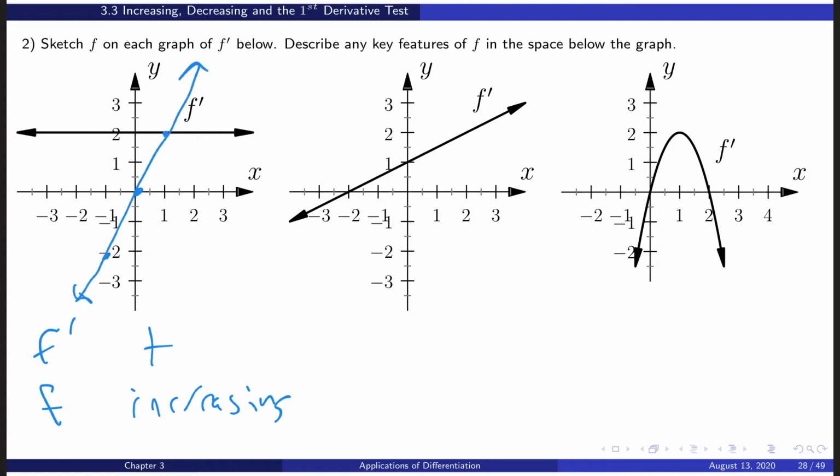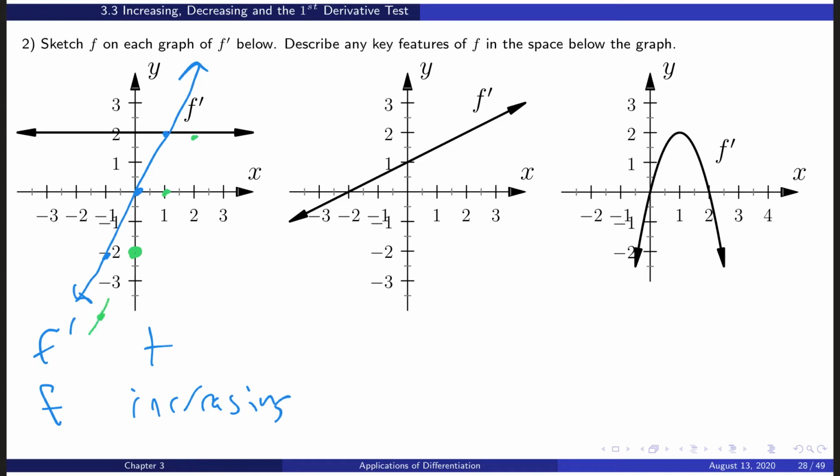But what's interesting about going from f prime curves to f curves is that they are not unique. This says that the slope has to be 2, which means I could have any y-intercept. So a different answer that's also completely acceptable is if I were to start at -2 or any other y-intercept, as long as I have a slope of up to the right 1, down to the left 1.